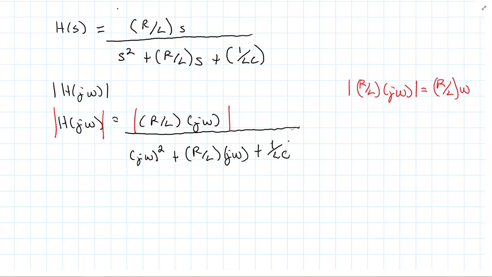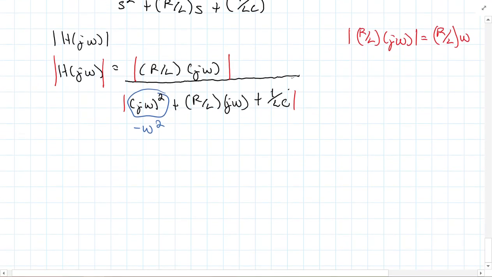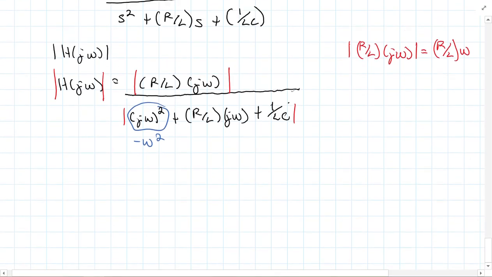Now, the denominator, when we take the magnitude of that, is a little bit more complicated. First off, let's recognize that this right here is negative omega squared. And this is a real number. There's no longer a j there, because j squared is negative 1.